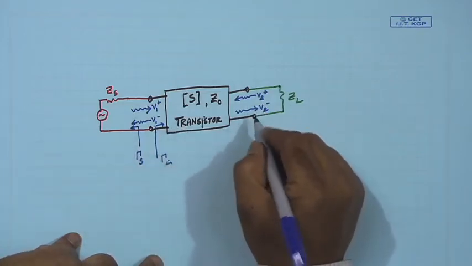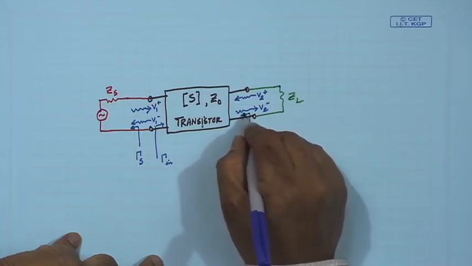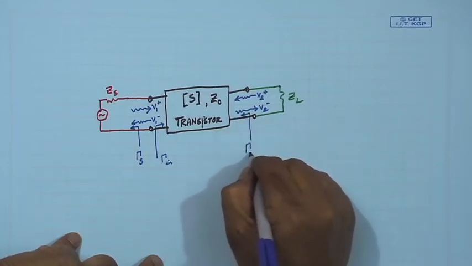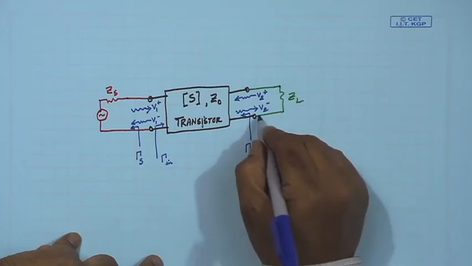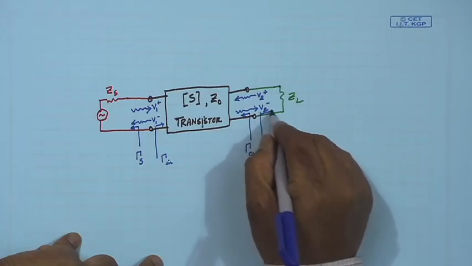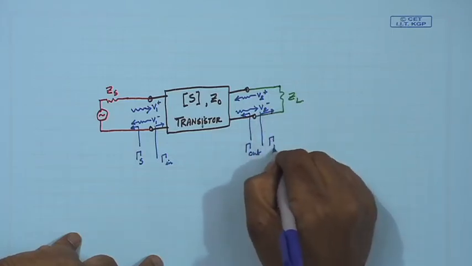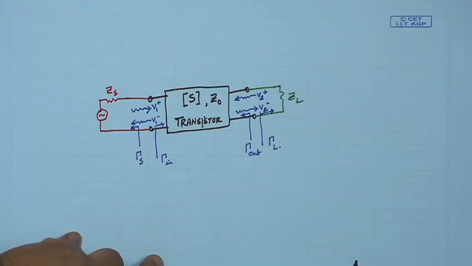Similarly, from here if we look, there will be an output reflection coefficient. Also from here if we look, there will be a load reflection coefficient. Now, we know what the values of these reflection coefficients are.